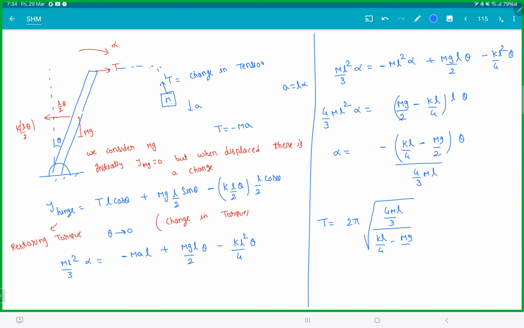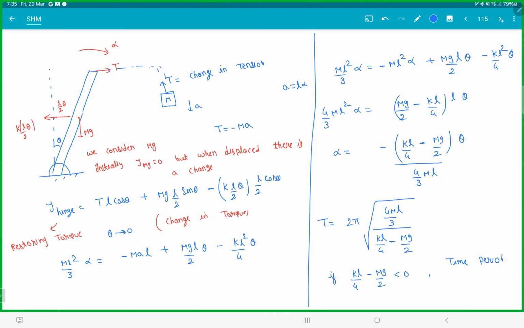There is a very interesting thing about this answer. If you observe here, if KL by 4 is less than mg by 2, what does it mean? Time period becomes undefined. They can ask you that question also: find the relation so that the system oscillates. If KL by 4 minus mg by 2 is less than 0, the time period is undefined.